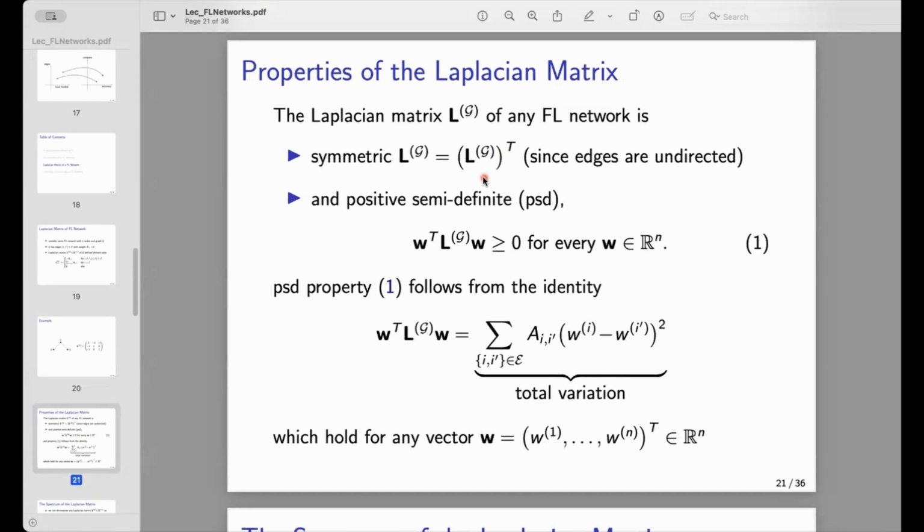The second very important property is that the Laplacian matrix is always positive semi-definite. So when you compute this quadratic form for any vector w with suitable dimension, since the Laplacian matrix is n by n, where n is the number of nodes in the federated learning network, this quantity is non-negative.